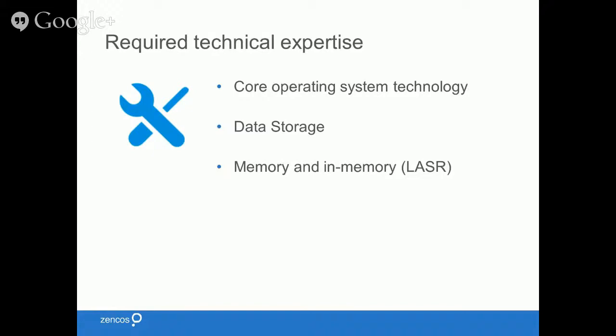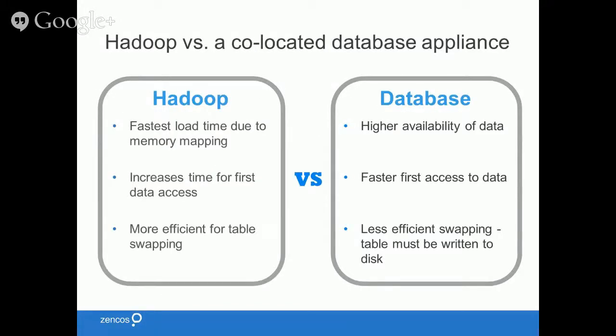And that distributed environment approach ties me back to talking a little bit about data storage. So when you're looking at a distributed environment, you need to have the data stored in either Hadoop or a co-located database in order to load it into LASR. SAS supports a couple variations of databases with Visual Analytics right now, and it's increasingly developing additional ones that can be supported by Visual Analytics and HPA.